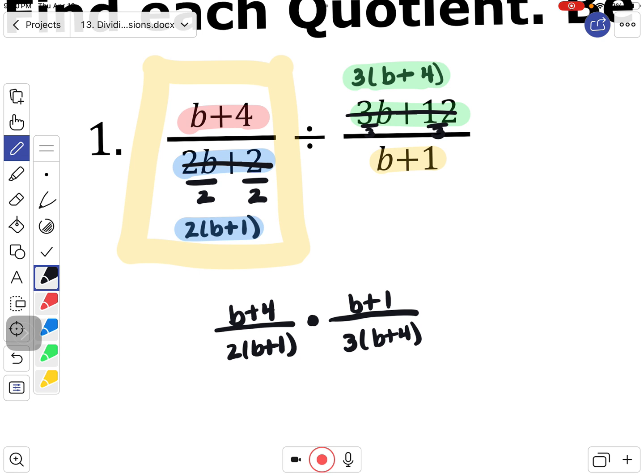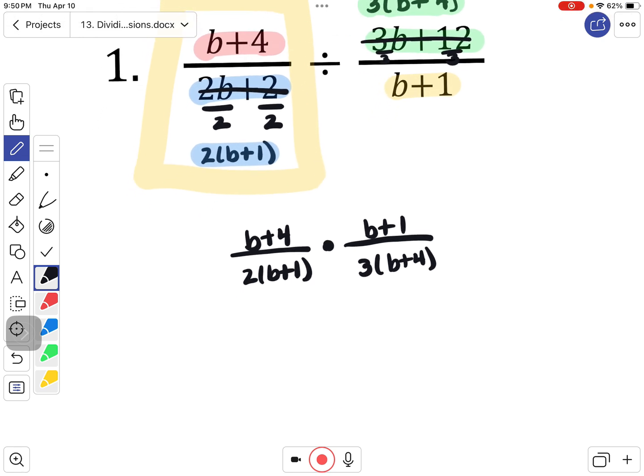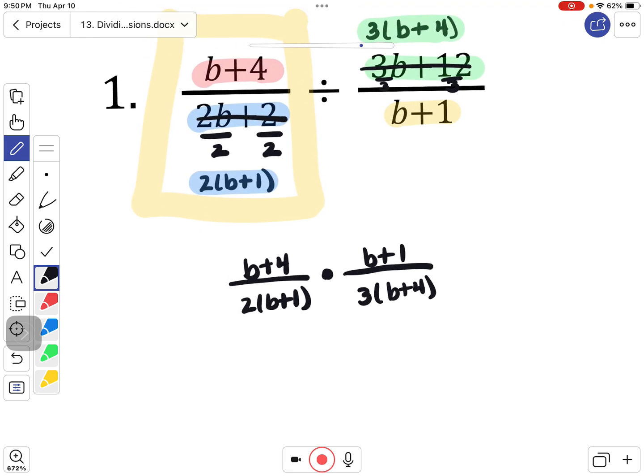But before we do that, we should state our undefines. So remember, you have to start with what was on the bottom initially. So these ones on my left side, the 2b plus 1, I have to say b cannot equal. If it was a positive 1, now it's going to be a negative 1. And then we're going to do the same with 3b plus 4.